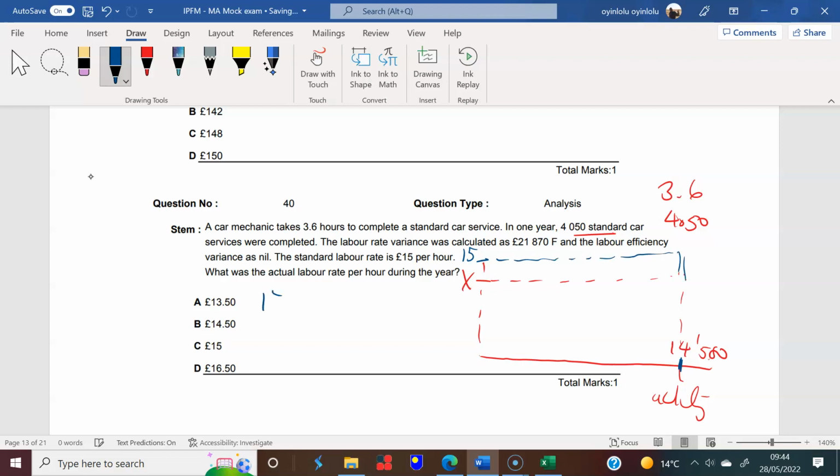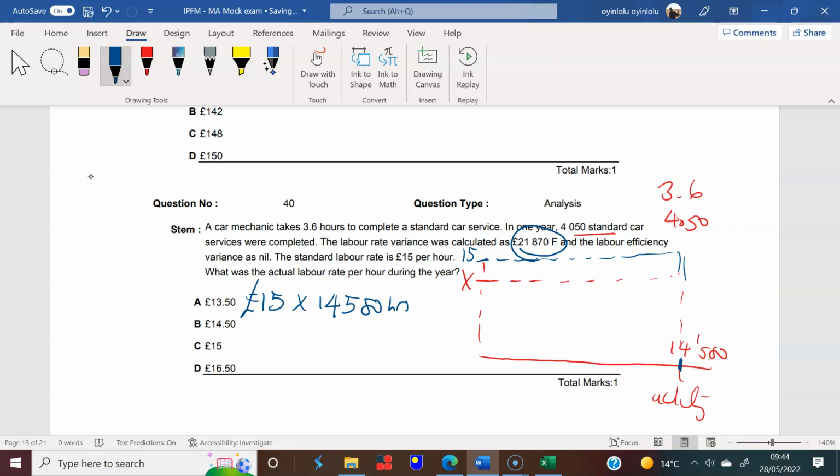So I expected you to spend £15 per hour on these 14,580 hours. That's what I expected you to do. But you were favorable, and they're telling me that the difference is 21,870.